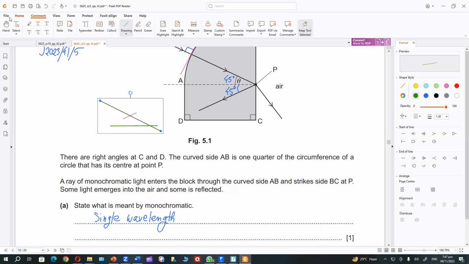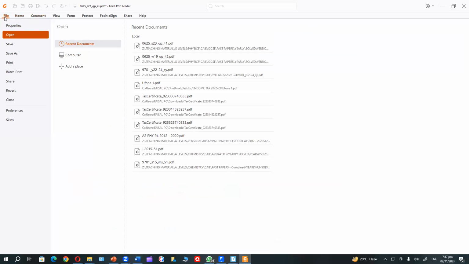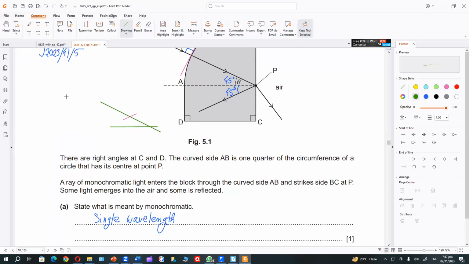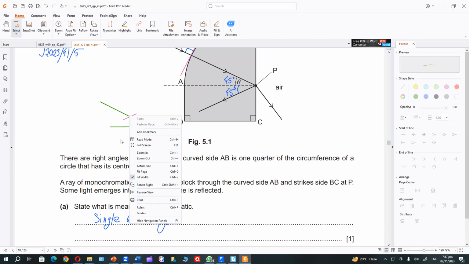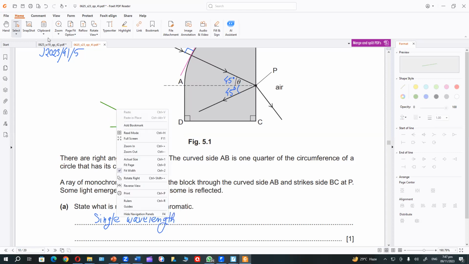Now you have to tell me what will occur. Total internal reflection will happen, right? Again, total internal reflection will occur the second time. Whenever the angle of incidence is greater than the critical angle, you will get total internal reflection.